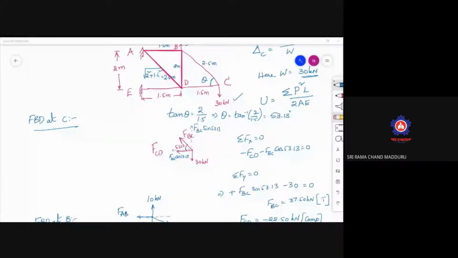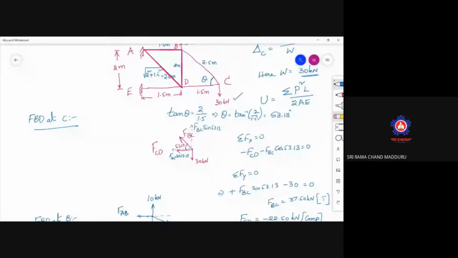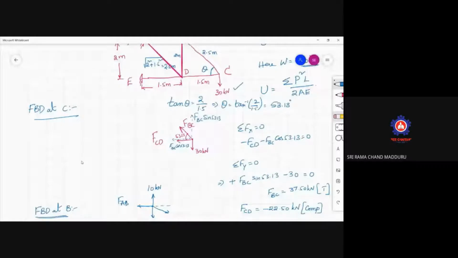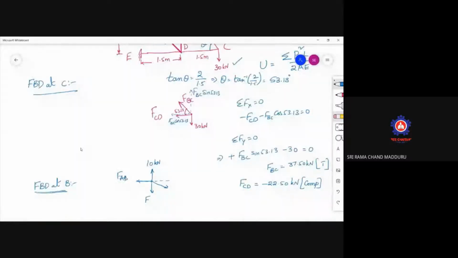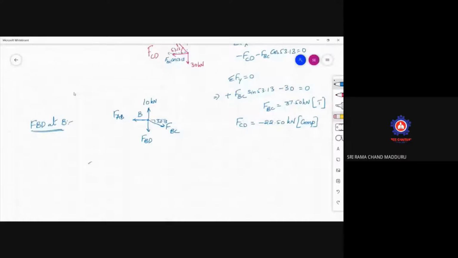So after that we take the free body diagram at B. Those who are unable to solve it, please see this. Sigma Fx is equal to 0: minus FAB minus FBC cos 53.13 equal to 0.